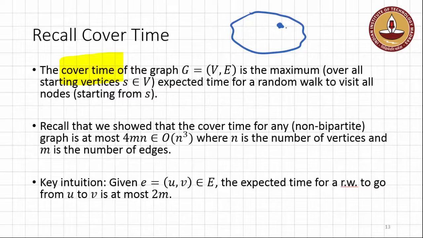But that would be just for that one vertex. Now what you'd have to do is consider that expected time for all vertices and then take the maximum over all the vertices, and that would be the cover time.